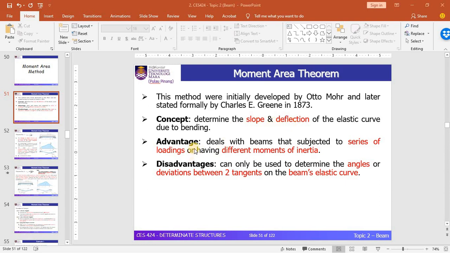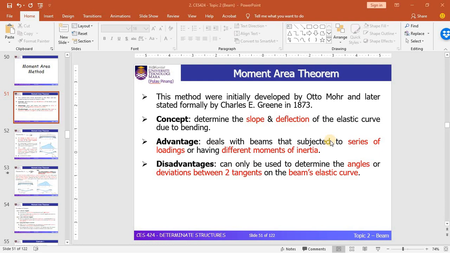The advantage is that it deals with beams subjected to a series of loadings or having different moments of inertia. In other words, this method is suitable for solving a beam imposed by a combination of loads. For instance, a point load combined with a UDL, or any combination of loads in a beam, can be analyzed using this moment area theorem.